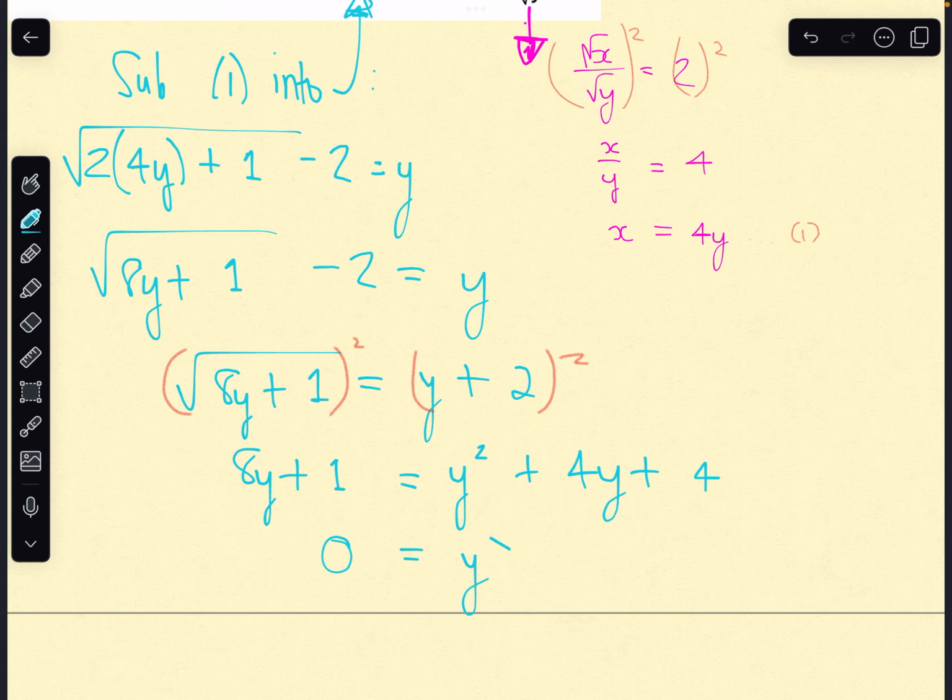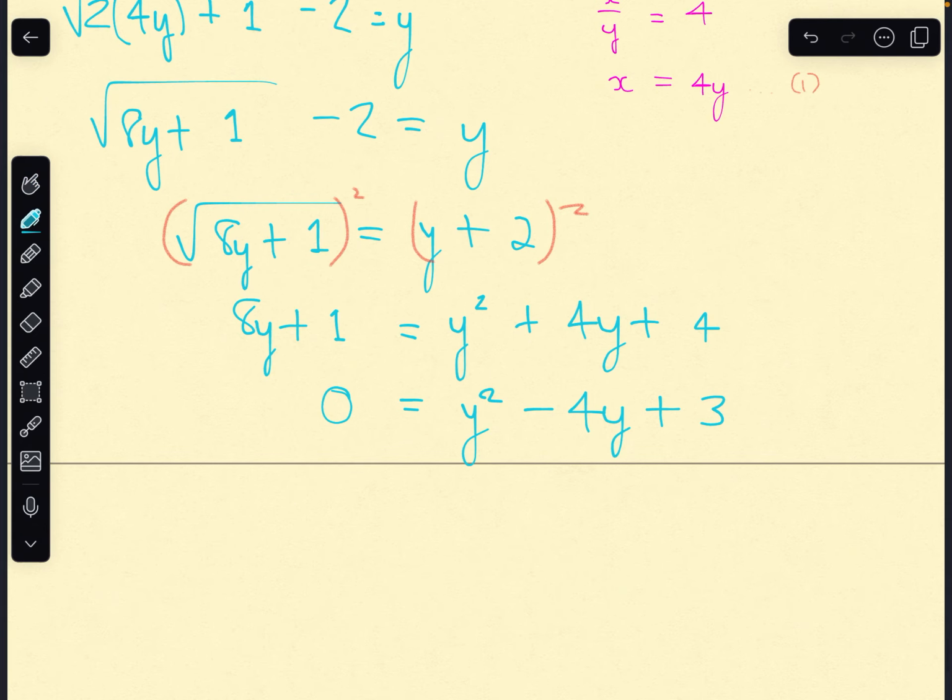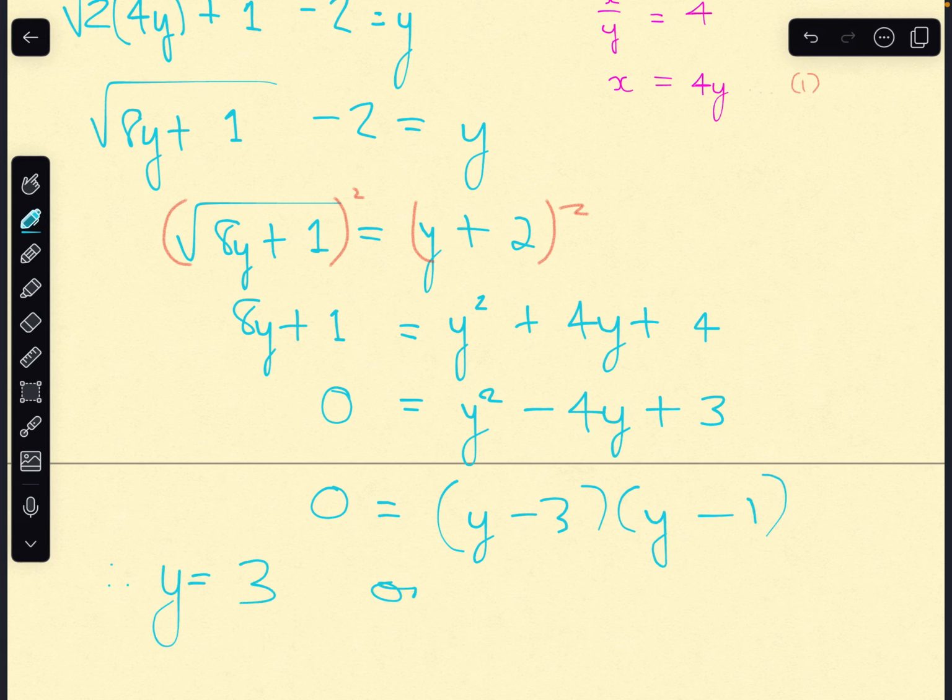So this will be y squared, 4y minus 8y is minus 4y, and then 4 minus 1 is 3. All right, so this is a trinomial I can factorize. This will be y minus 3 times y minus 1. So either y is equal to 3 or y is equal to 1, possibly.